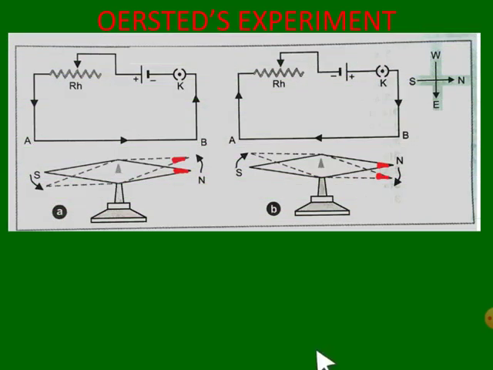When a large current was allowed to flow through a wire AB parallel to the axis of a magnetic needle kept below and sufficiently close to the wire, the needle was found to deflect from its normal position to the position as shown in figure 1a.